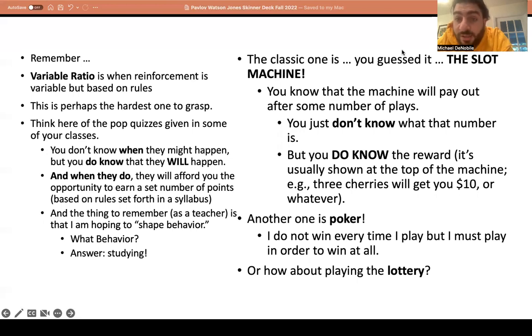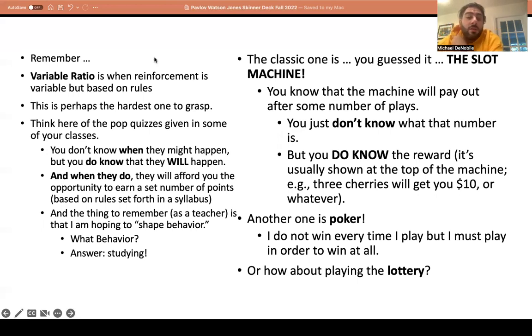What behavior? Studying. I do this in my high school classes. Guys, we're going to be reading. If I'm noticing you're not reading in class, I'm going to throw out a random pop quiz because I want them to read more. And that's why the random pop quiz sometimes helps with that behavior.